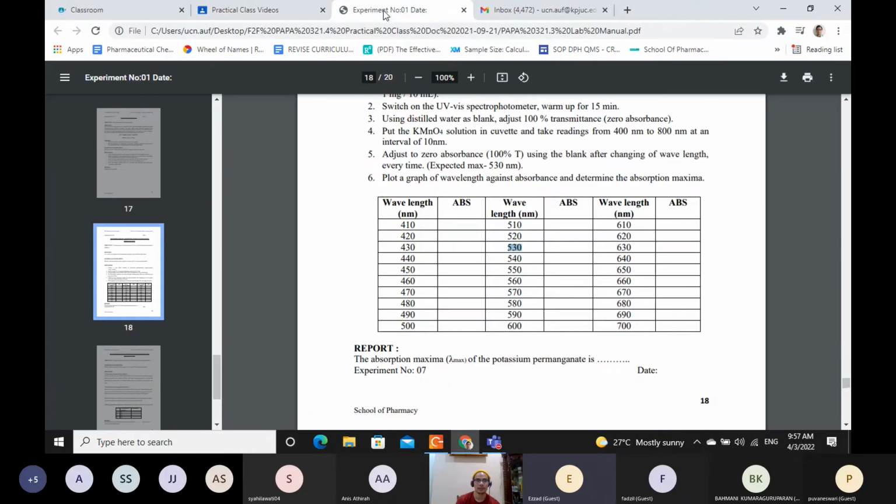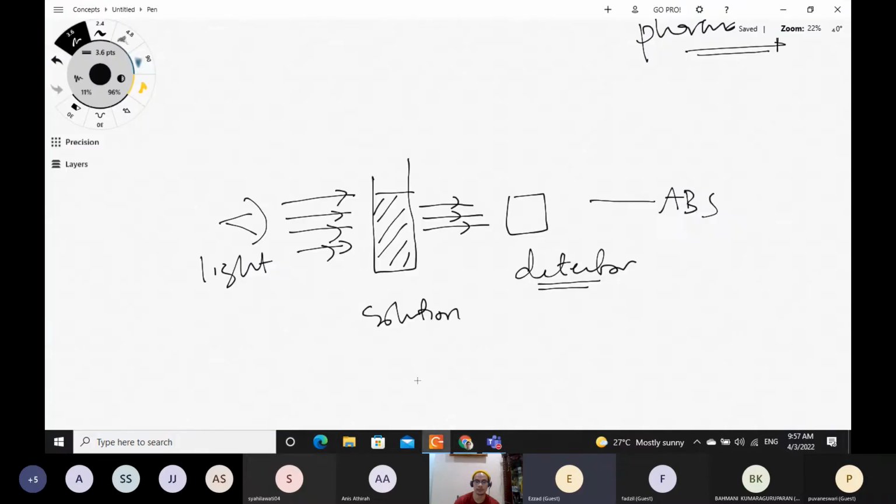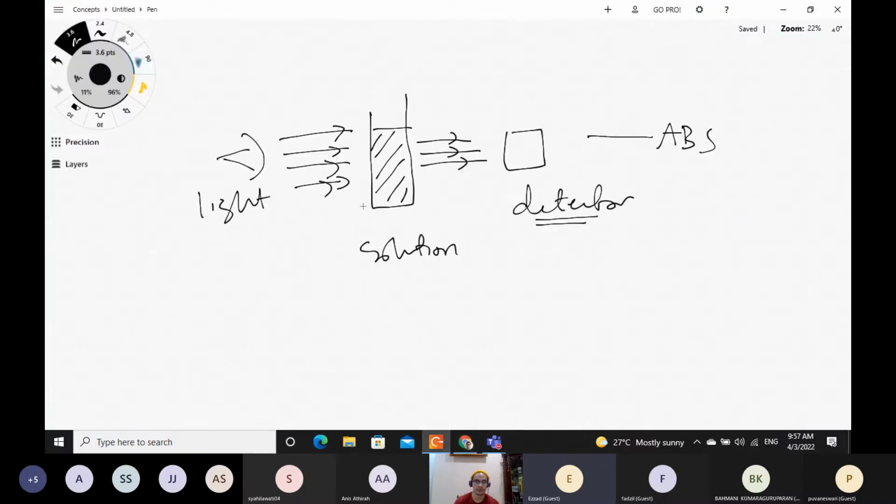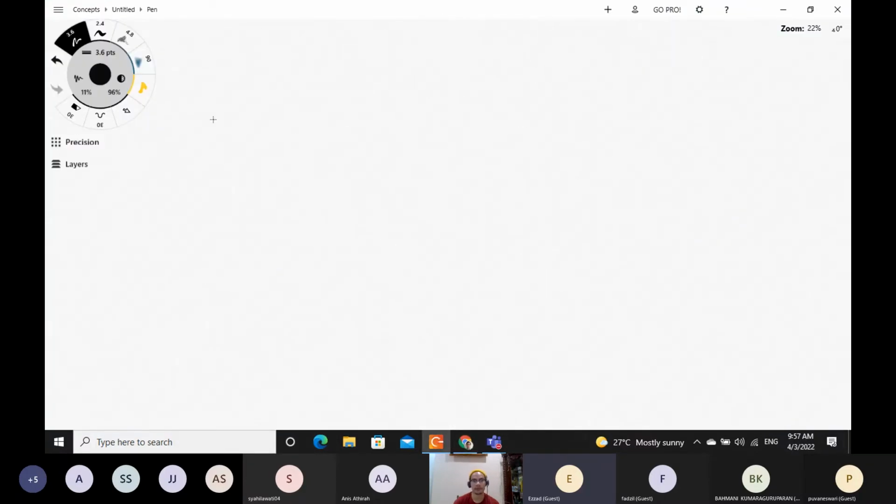Okay. So if you look at point number C, it asks you to plot a graph of wavelength against absorbance maxima. So if you want to report this experiment, you have to plot a graph. You have to obtain absorbance data from 410 nanometer to 700 nanometer.